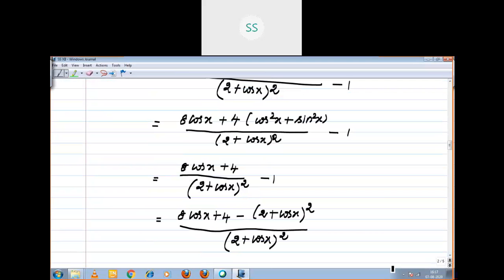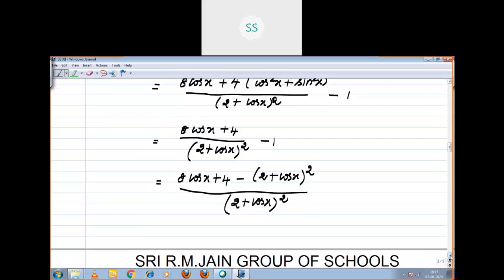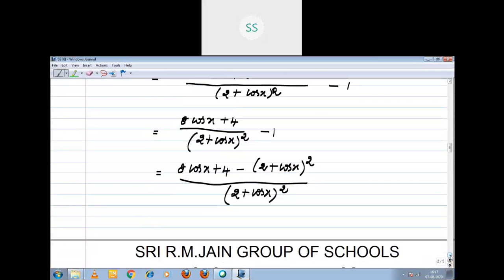The next step, we are going to simplify. 8 cos x plus 4 minus 4 minus 4 cos x minus cos square x. Right? Because minus is there, you have to expand, use the identity a plus b the whole square, a square plus b square plus 2ab. When you multiply with minus, you will get minus 4 cos x minus 4 minus cos square x.